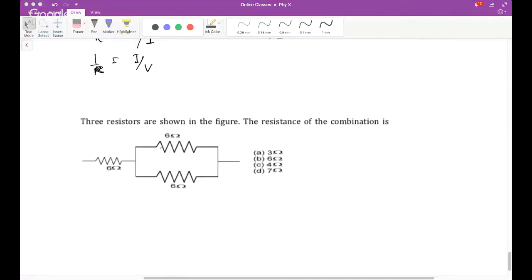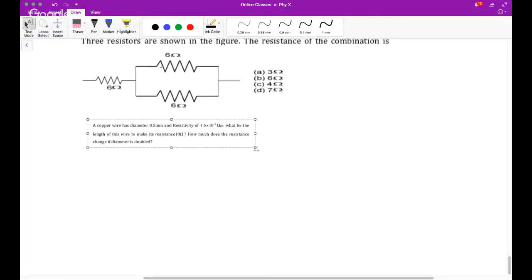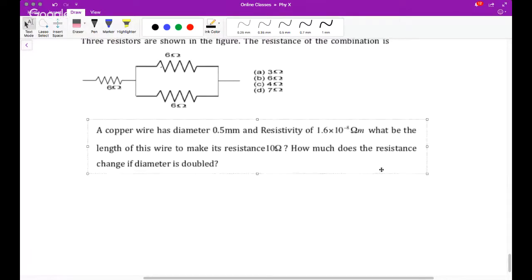So you guys are good. Okay. Solve this one now. Yes, Kritika, it's 9 ohm. All are correct. Very good. Next.